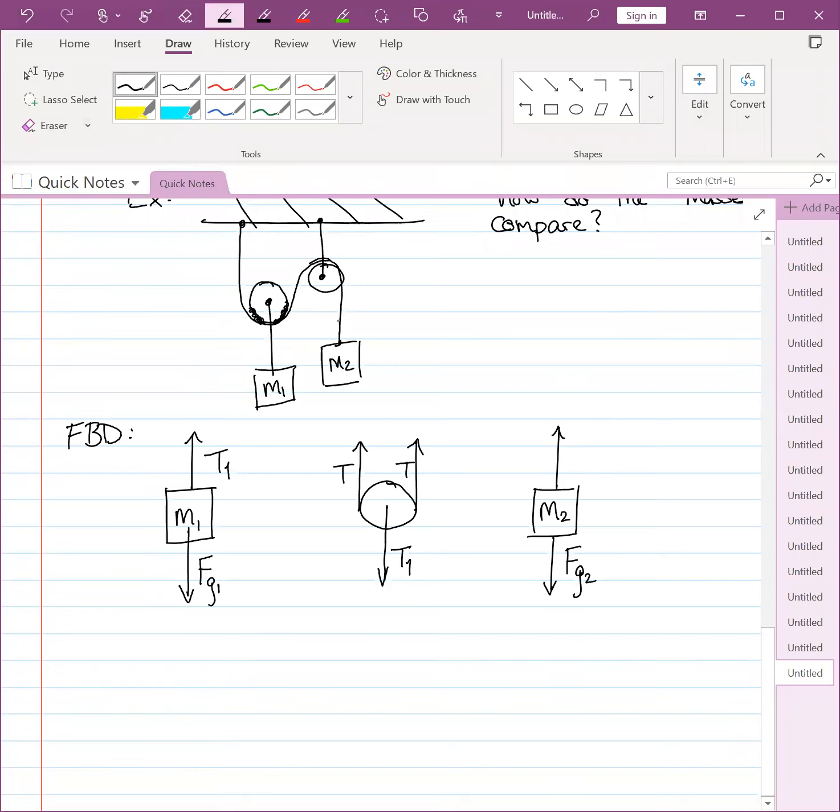Well, it's part of the same rope as the rest, right? And we already called the magnitude of the tension force of that rope T. So that tension force also has to be magnitude T. So now we have three free body diagrams, and now we just have to start doing stuff, start calculating, start doing algebra. There is no contact force here.